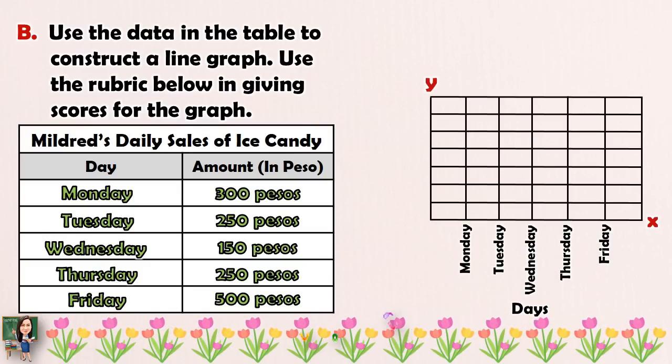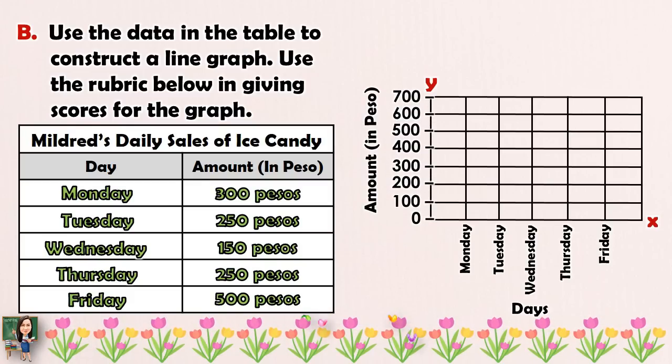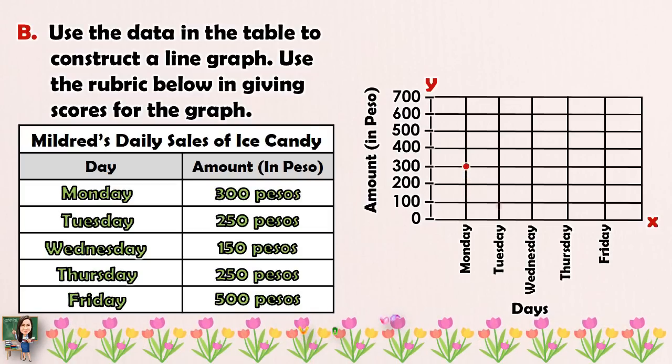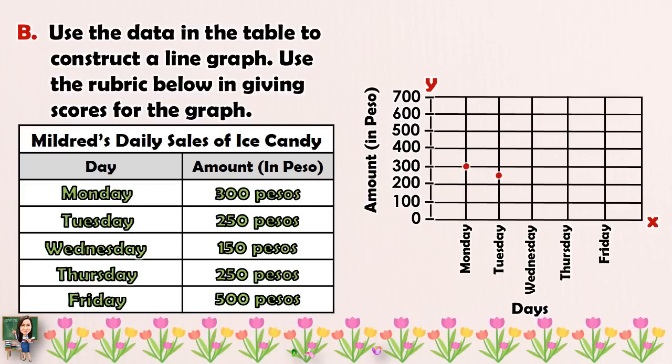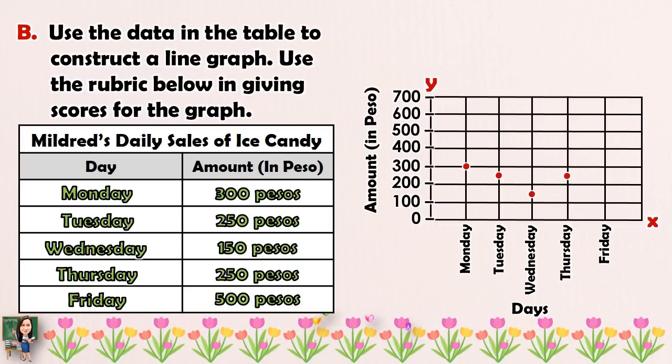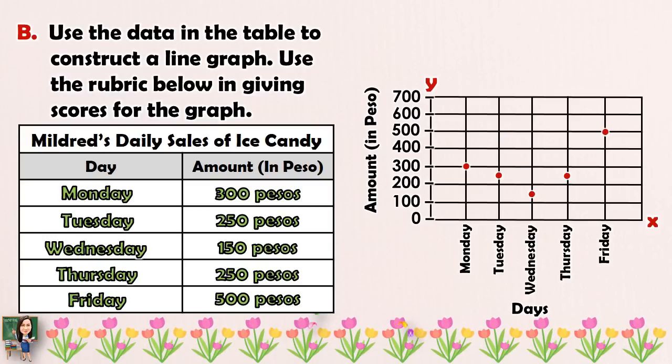And in y-axis, write the amount in peso from 0 to 700. And now draw the points. Monday, 300 pesos. Tuesday, 250 pesos. Wednesday, 150 pesos. Thursday, 250 pesos. And Friday, 500 pesos.